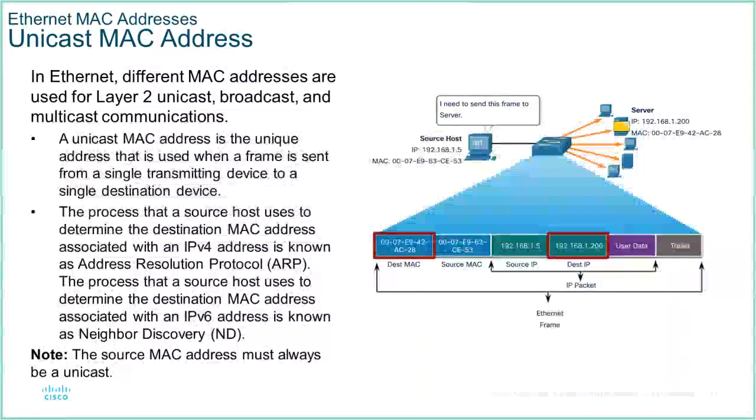We have a few different ways these addresses work, and they are unicast, broadcast, and multicast communications. We've touched on that earlier with the types of addresses that we need. So a unicast MAC is only going to go to a single device, thus the unicast.